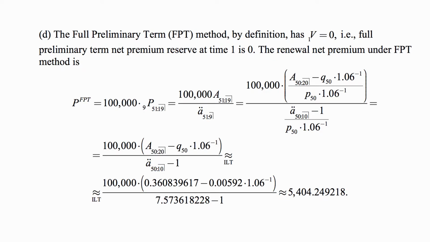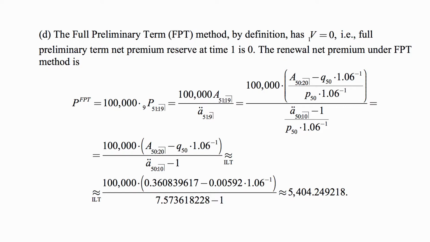For Part D, the full preliminary term method, by definition, has the net premium reserve at time 1 equal to 0. And the renewal net premium under the full preliminary term method is the premium calculated as if the policy was basically restarting at time 1.